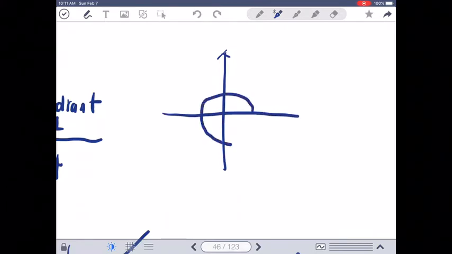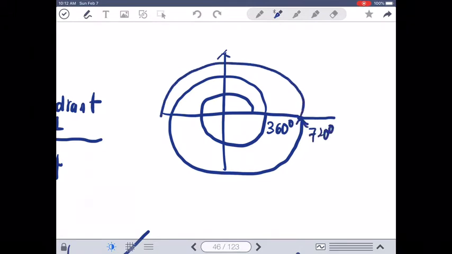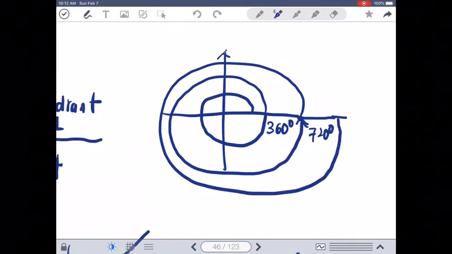Also, notice that one round is 360 degrees. Another round, we will have 720 degrees. Another round, we will have 1080 degrees.